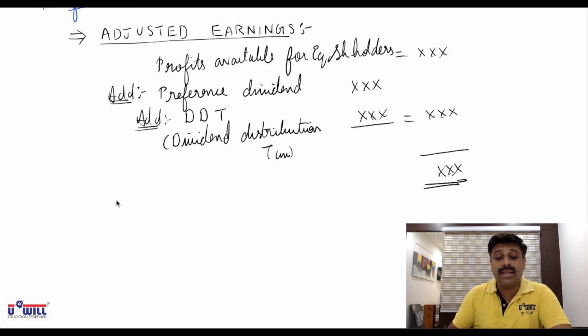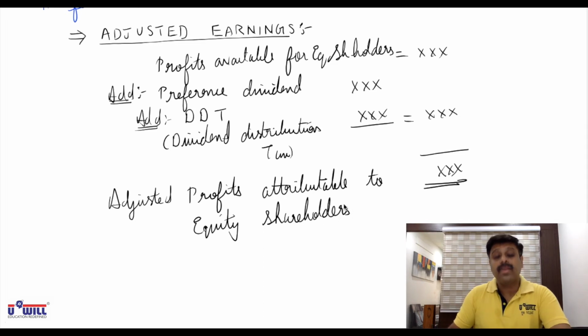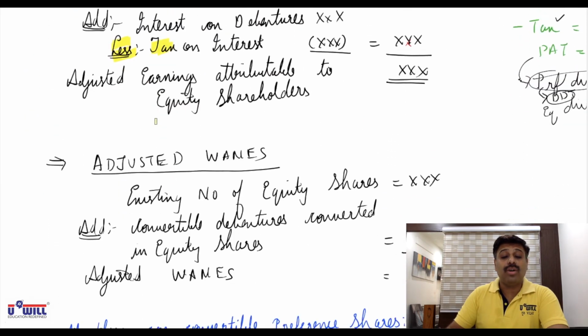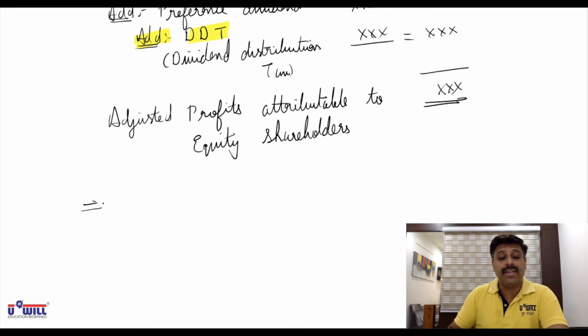So this will be the adjusted profits attributable to equity shareholders. Okay, adjusted profits attributable to equity shareholders. So very important point, keep it in mind that tax on interest is subtracted, but dividend distribution tax is not subtracted, it is added. Now, how would you find the adjusted gains if there are preference shares?